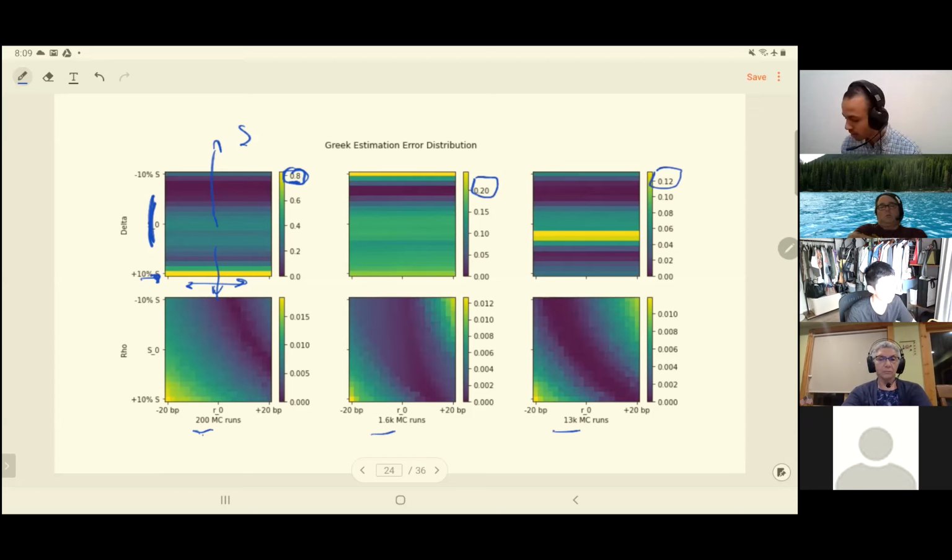And in rho, these errors are much more tame, but they also don't decrease very much, going from 0.015 to 0.012 and then 0.01.